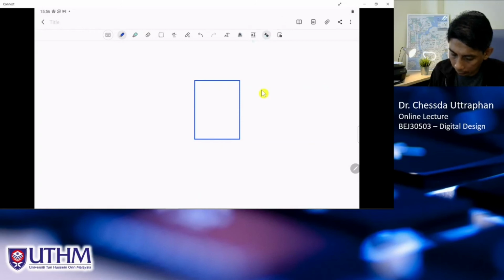So we can have a multiplexer here. This is T, this is Q. And this is data in.